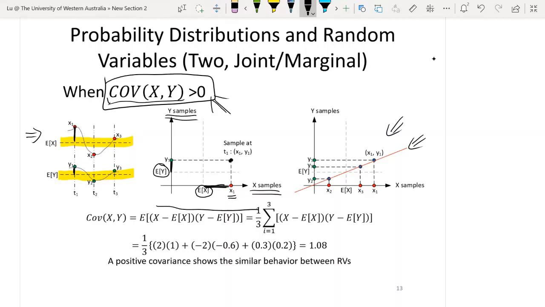If x1 is lower than the mean of x, then y will be lower than the mean of y again. You got high, I'm high. You got low, I'm low. So this behavior between x and y can be observed from such analysis. Such similar behavior indicates that the covariance between x and y must be greater than 0, it must be positive, and the behaviors are similar.